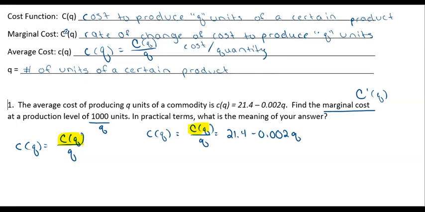So we need to get rid of this over Q right here. So that means we need to multiply both sides by Q. If we multiply both sides by Q, we'll get big C of Q, our cost function, is 21.4 Q minus 0.002 Q squared.